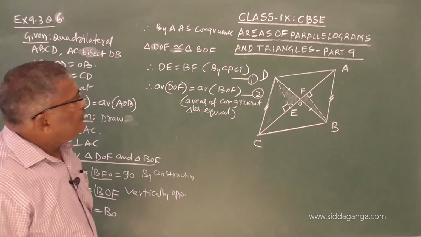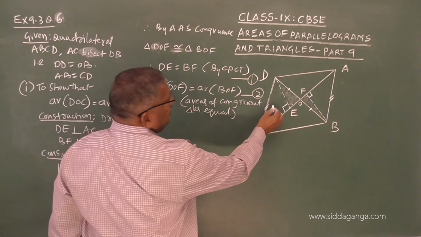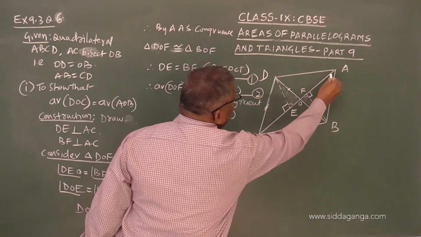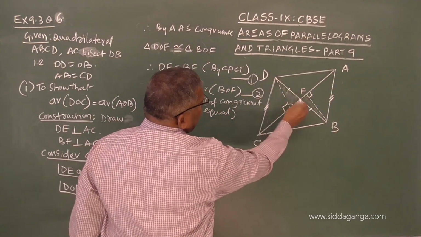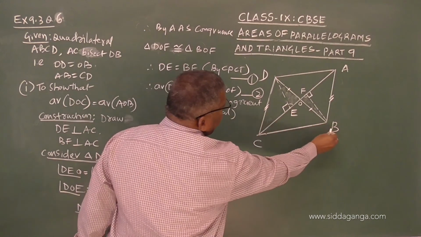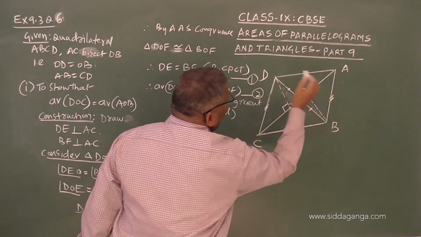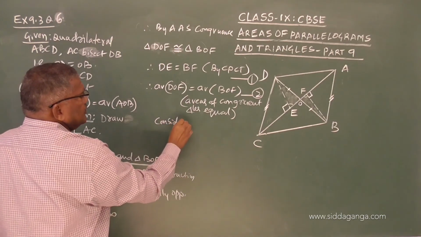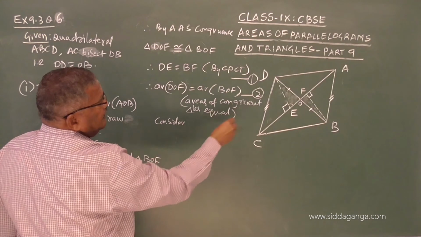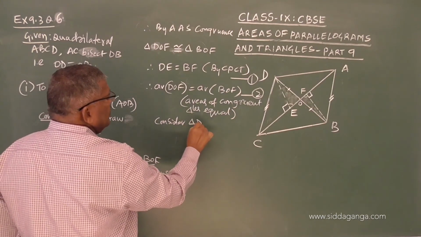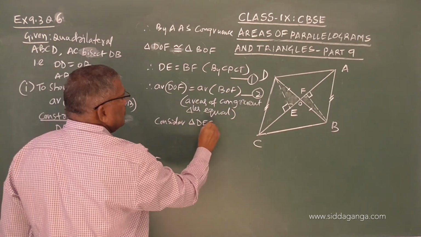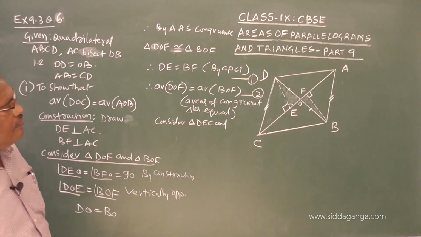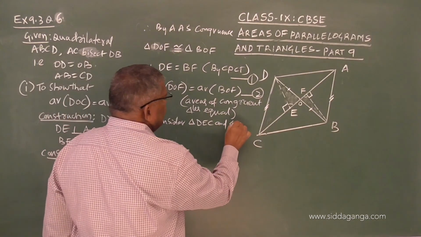Now take up these two triangles DEC and BFA, the remaining portions. In DOC, our remaining portion is BOA. So, consider triangle DEC and BFA.